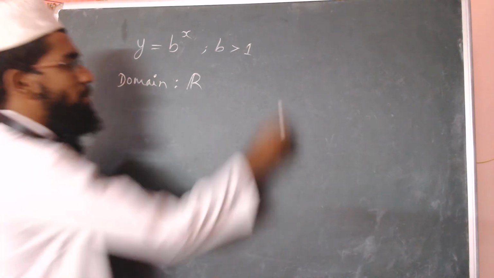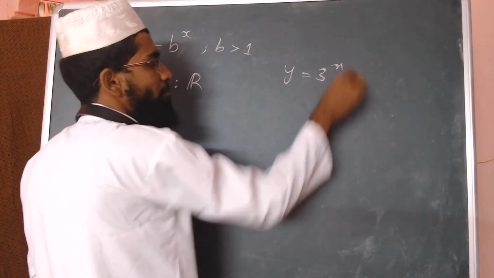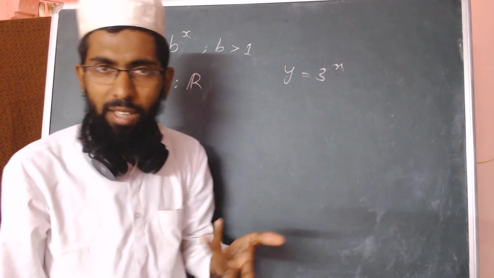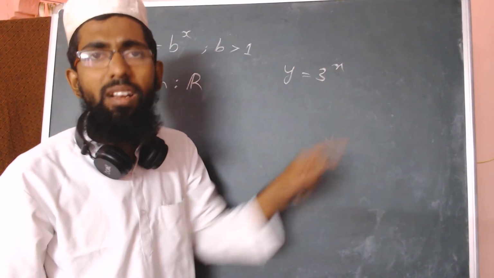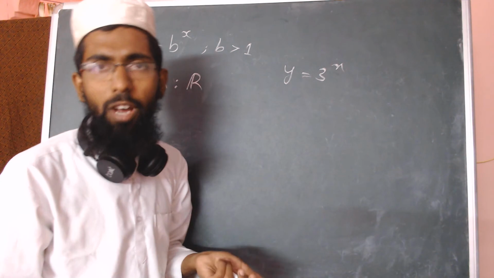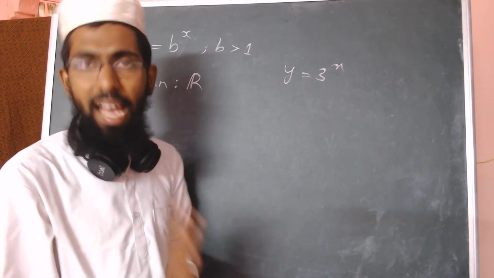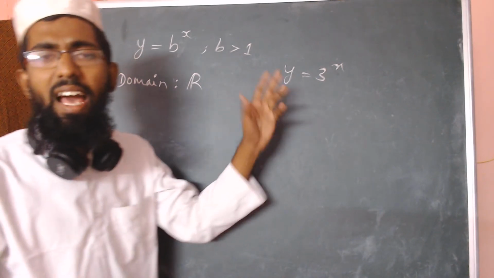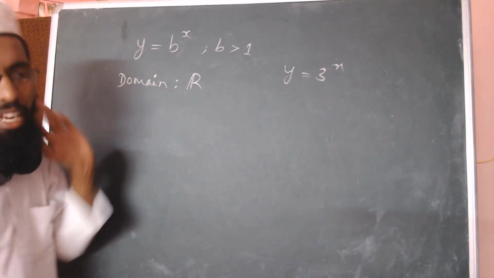For example, if I take y equal to 3 power x and substitute 2, 3 power 2 is 9. If I put 3 power 0.1, it is difficult to calculate, but we can calculate and we will get the answer. So for all real numbers we will definitely get an answer, and the domain is the entire real numbers.